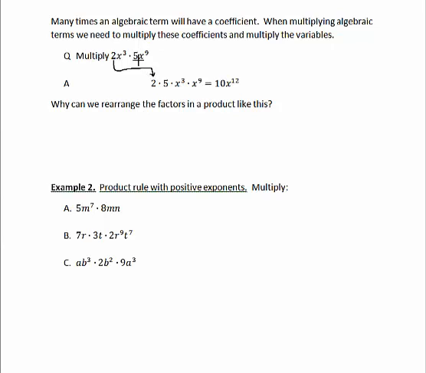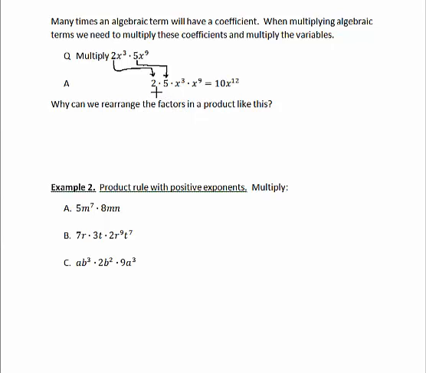It's commutative. And so what we can do is just arrange everything according to their likeness. 2 and 5 are coefficients, so we can simply set them side by side. And then the x's are the exponential expressions. We put those side by side, x to the 3rd times x to the 9th.